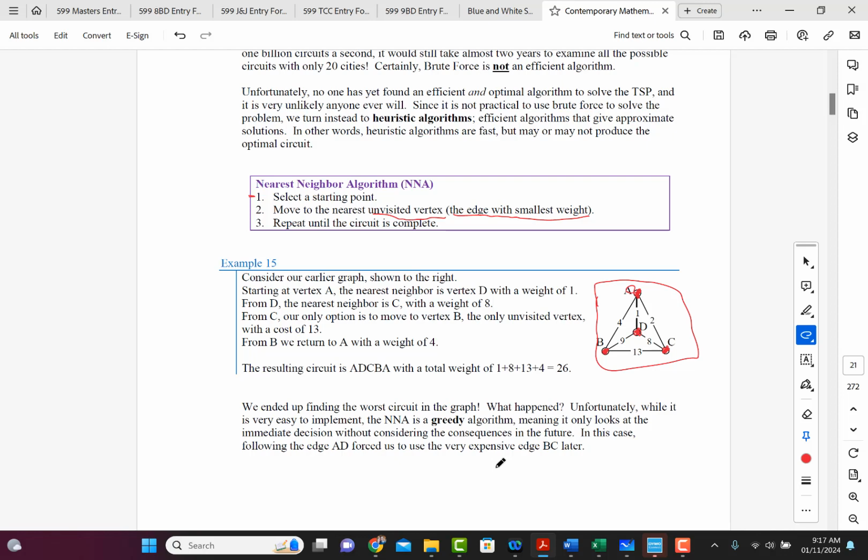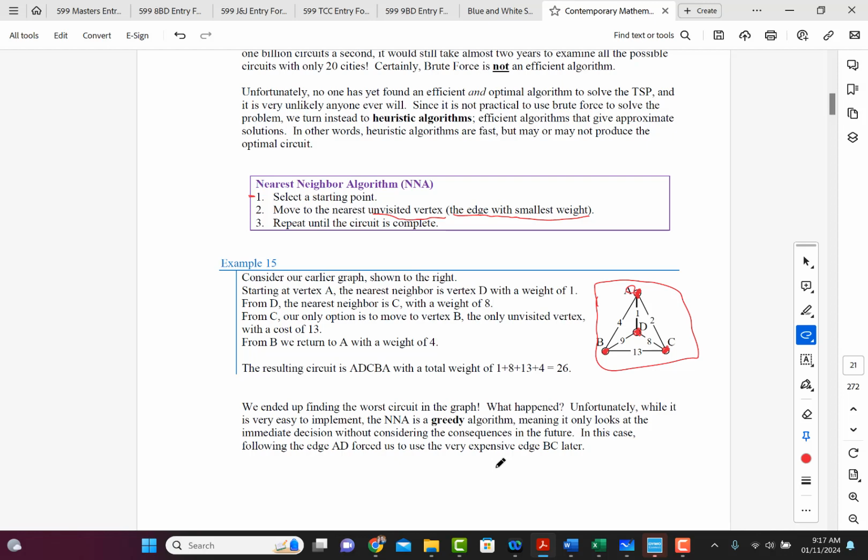In this case, following edge AD forced us to use the very expensive edge later, which was BC. If we were looking ahead, we could have chosen a more expensive route in the beginning to avoid the more expensive route at the end.